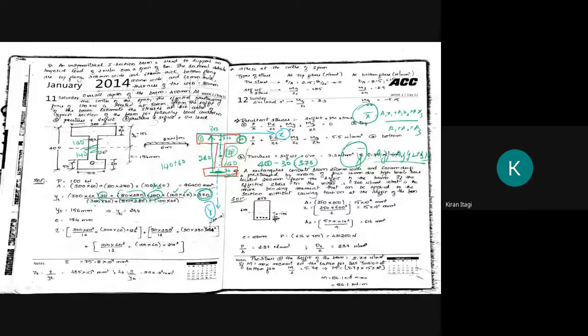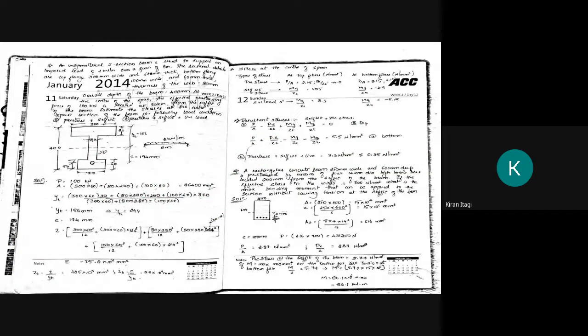Now we take a1 x1 and so on, divided by a1 plus a2 plus a3. So we get the axis at 156 from the top and 244 from the bottom. How? The total depth is 400, 400 minus 156 equals 244.